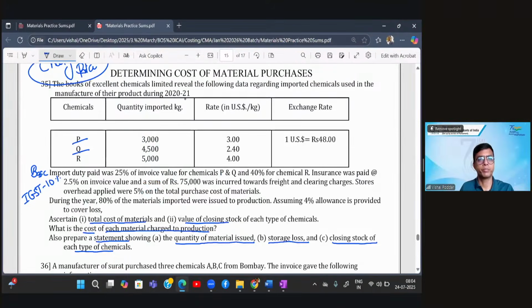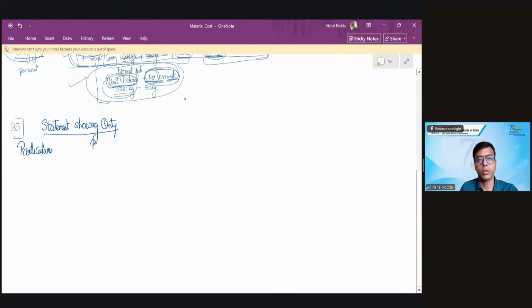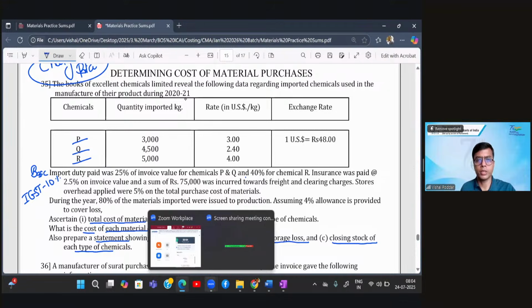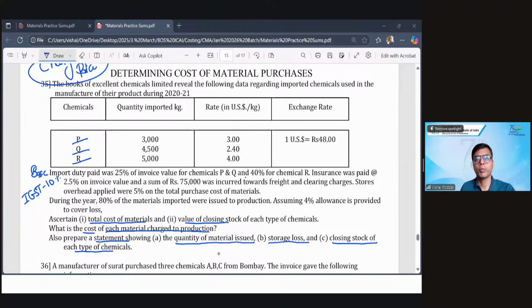Chemical P, Q, R. So it is chemical P, chemical Q, chemical R. And then it is a statement showing cost, again particulars, again the three columns, chemical P, Q, R. Fine, students. I hope this is understood by all. I hope you are ready with your weapons, that is your pen, your calculators, everything, right?